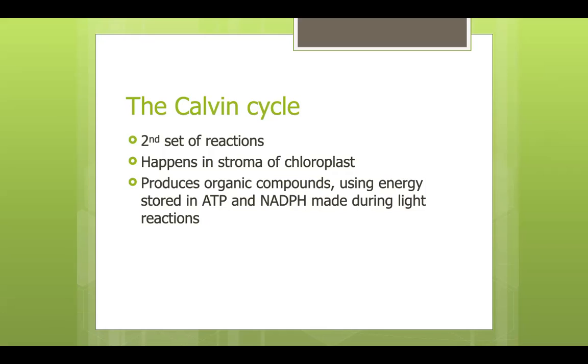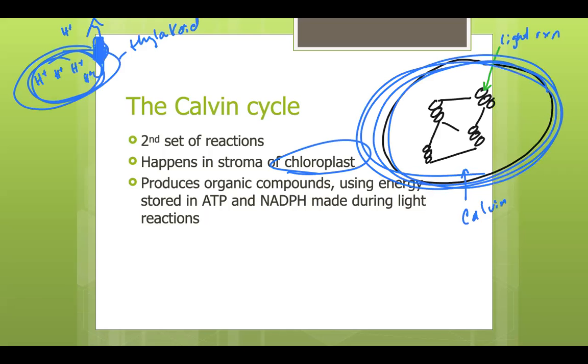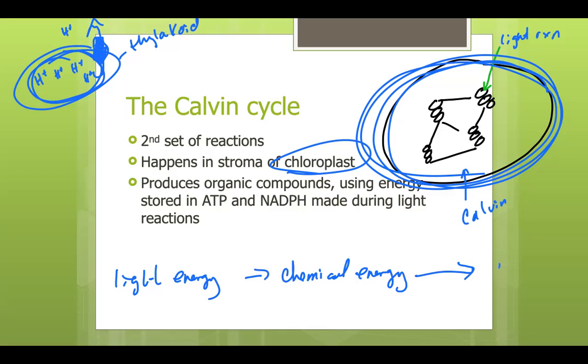It's going to make organic compounds using the energy that's stored in those two chemicals that were made during the light reactions. So basically what we're doing is we're going from light energy, we're converting that to chemical energy, and we're using that to make food in the form of organic compounds.